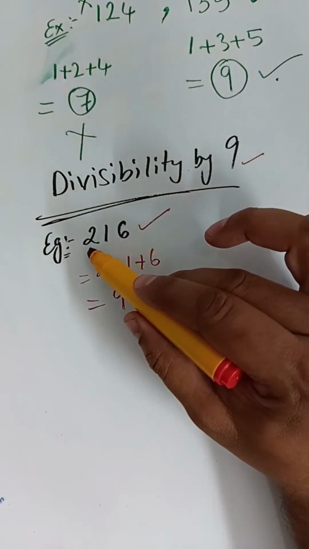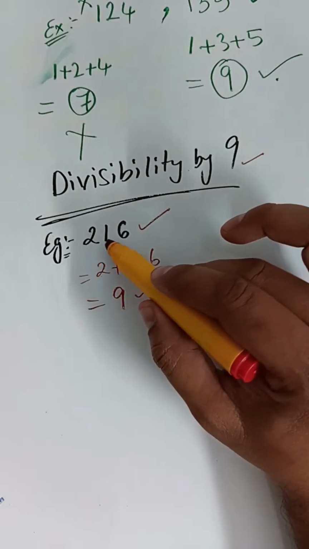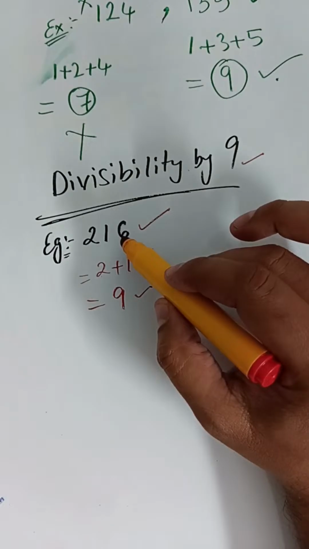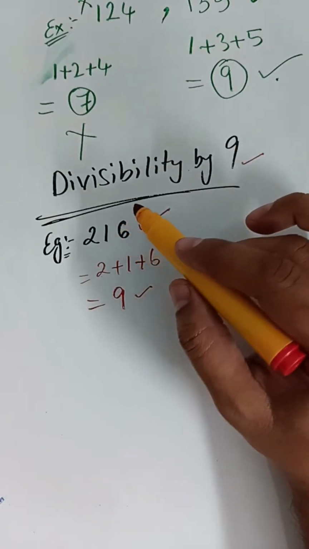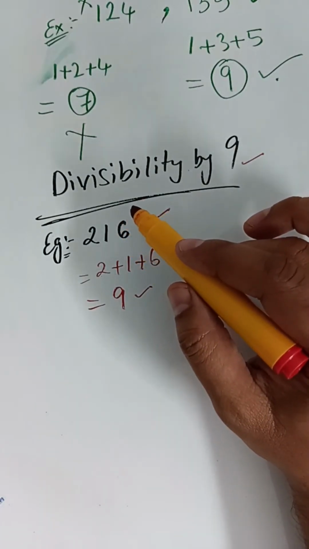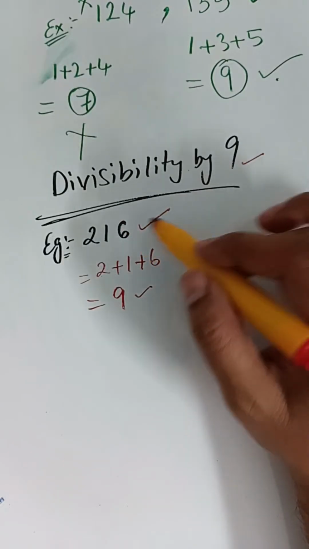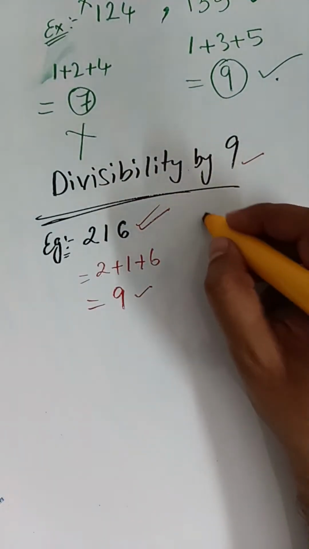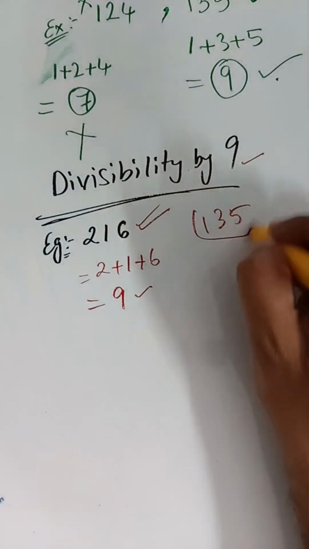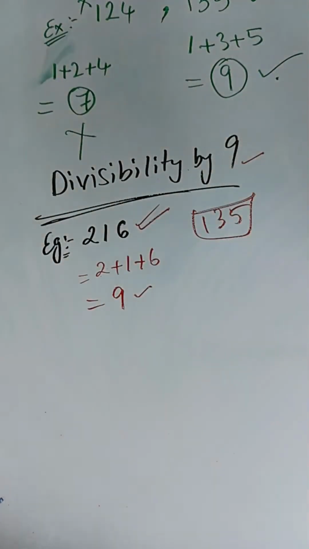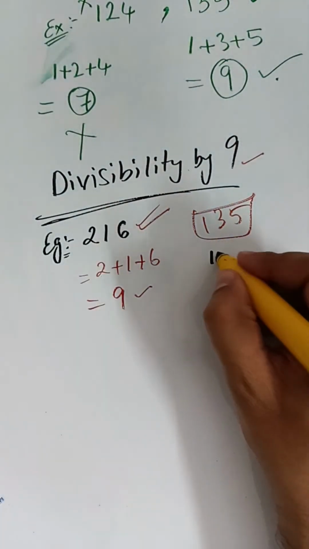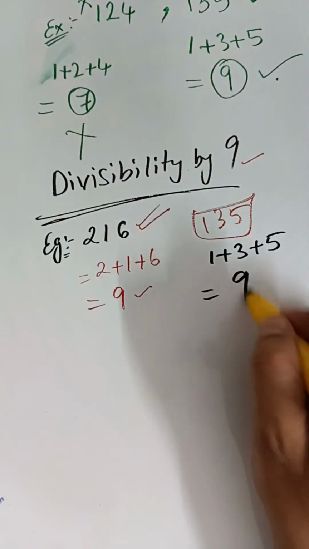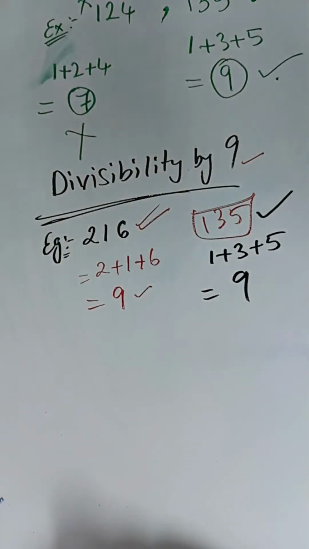So when the sum of the digits is divisible by 9, then the number is also divisible by 9. If I take 135, for example, next example, if you add the digits 1 plus 3 plus 5, it's 9. So this is also divisible by 9.